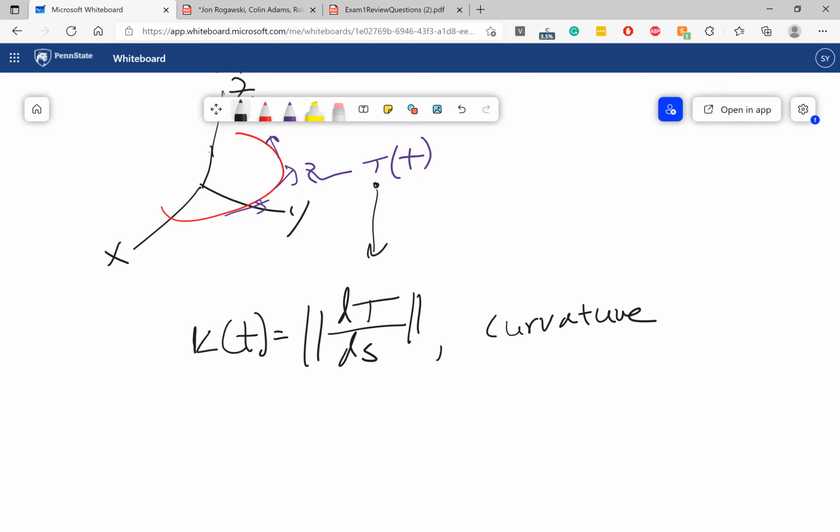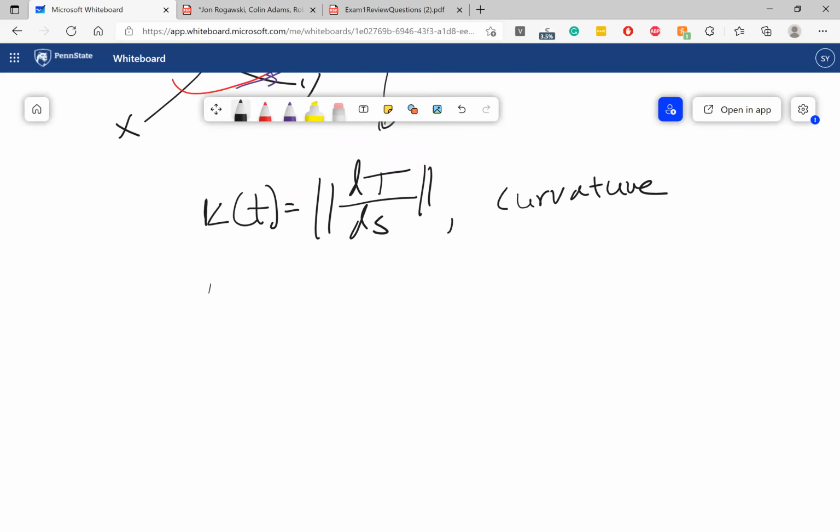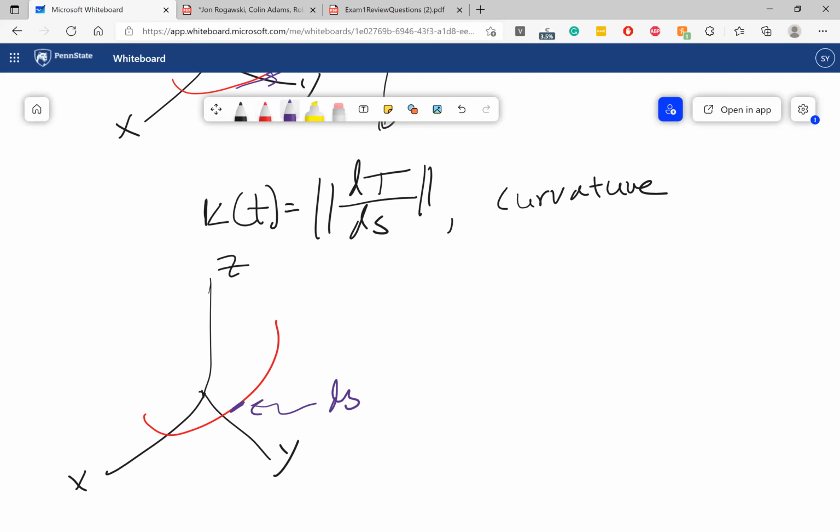And what this is telling us is as we move along our curve, so again, here's our curve. As we move along it a small amount, a ds amount over here, how quickly are our unit tangent vectors changing?